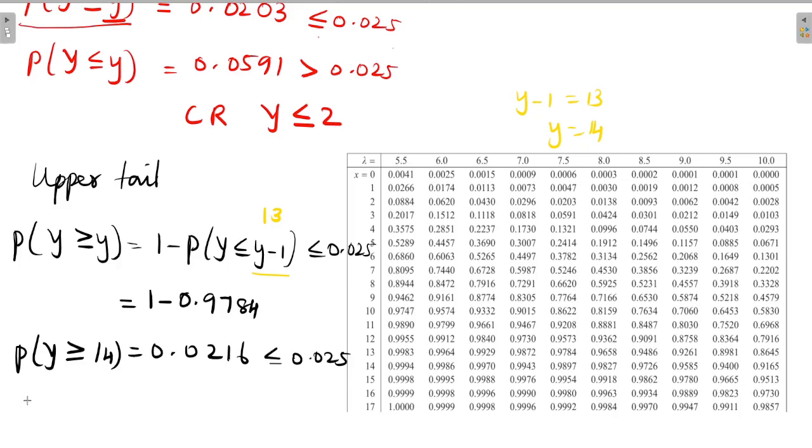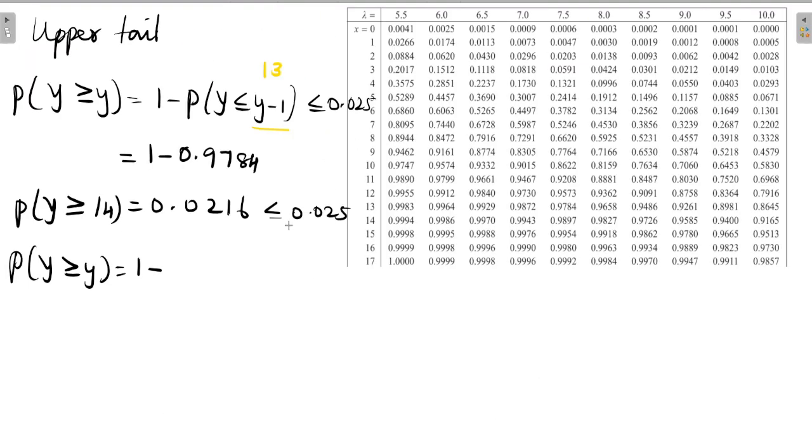So this is our critical region. Let's check the next value. The probability of Y greater than or equal to y is equal to 1 minus the probability of Y less than or equal to y minus 1. What is the possible next value?